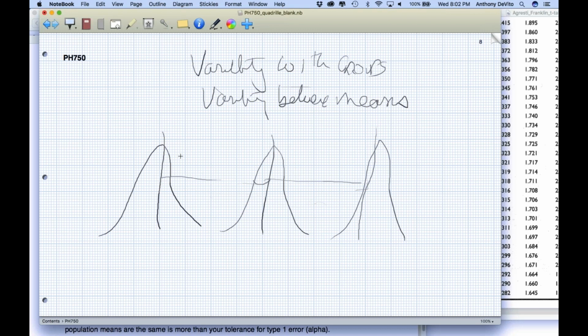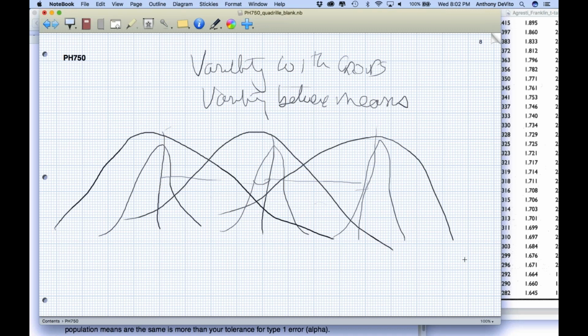However, gee, the means could be far apart, but if the variability is really big, well, there's so much overlap. How can you be sure that if you took a sample from this one, it wouldn't be a sample from that other group instead, when you took the mean?